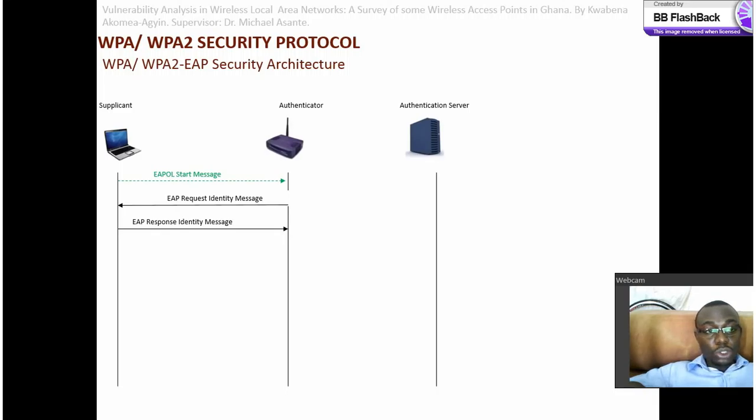At this stage, because the authenticator cannot check whether the client is authorized or not, since that function has been relayed to this third party, all that the authenticator will do is forward that information to the authentication server. The authentication server will go through its protocols, look at the security credentials that the client is supplying, and if it's satisfied with that, it will create a challenge depending on what EAP method we are doing, whether EAP-MD5, PEAP, what have you.